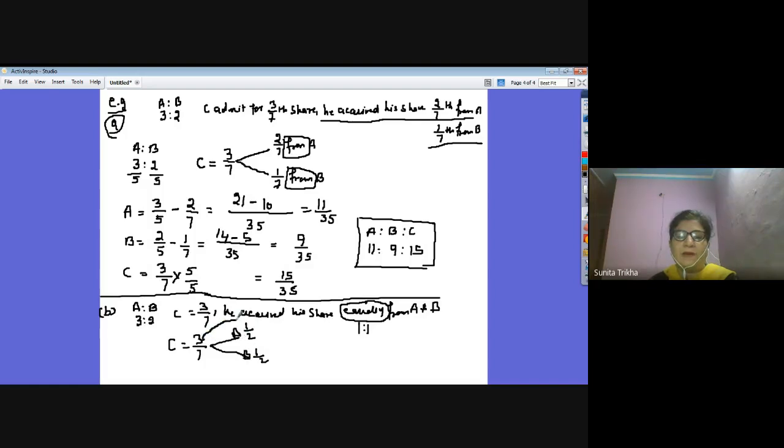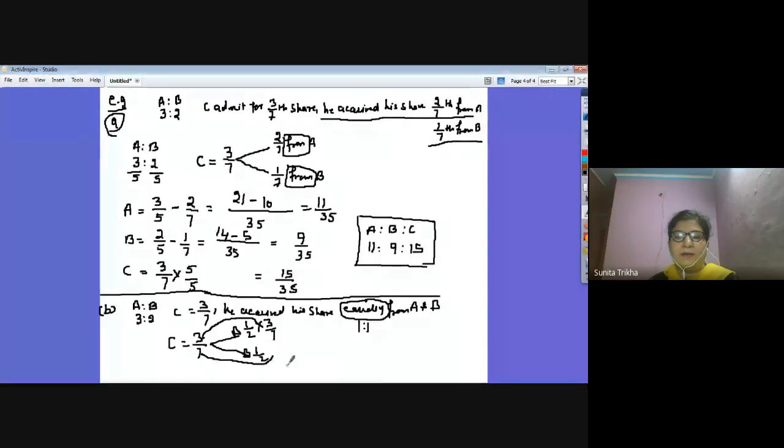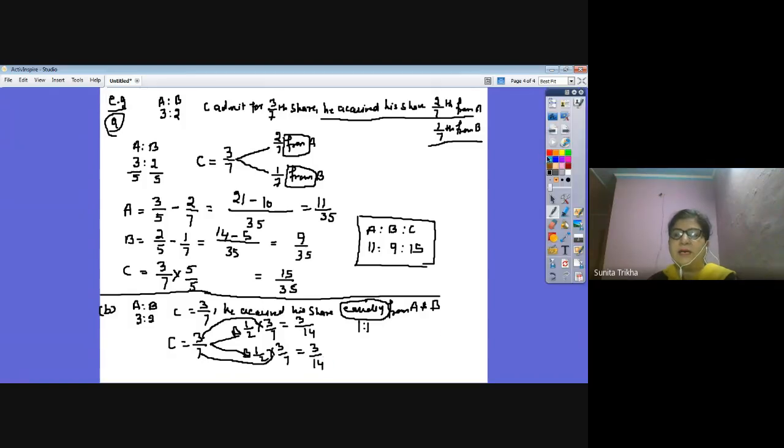You will multiply 1/2 by 3/7, and in the same way 1/2 by 3/7, equal to 3/14 and 3/14. So this is the sacrificing share of B, and this is also the sacrificing share of A.